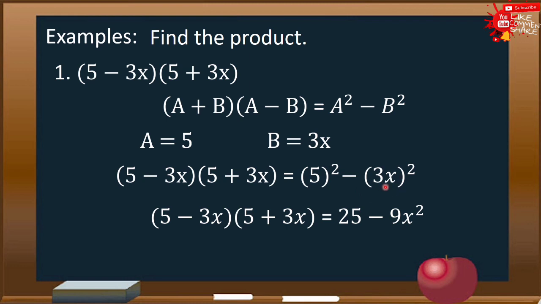So, it is 3x times 3x. And what is 3x times 3x? We have 9x squared. So, therefore, the product of the quantity of 5 minus 3x times the quantity of 5 plus 3x is equal to 25 minus 9x squared.